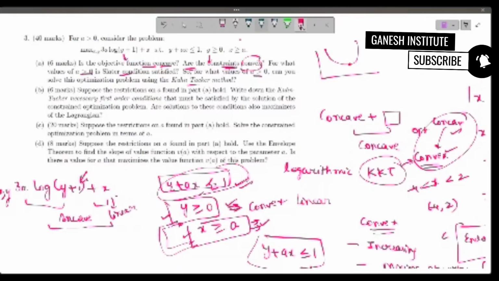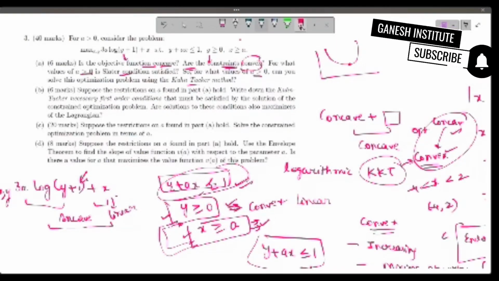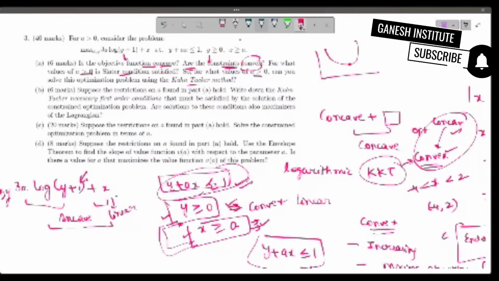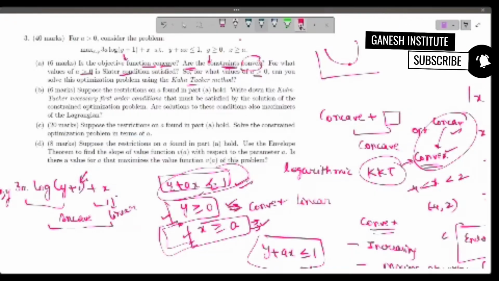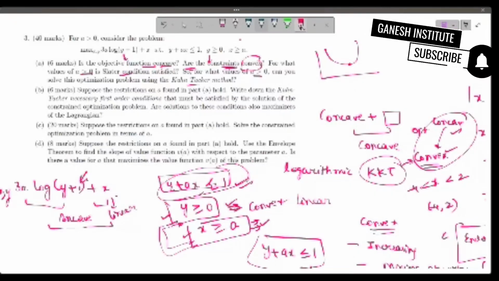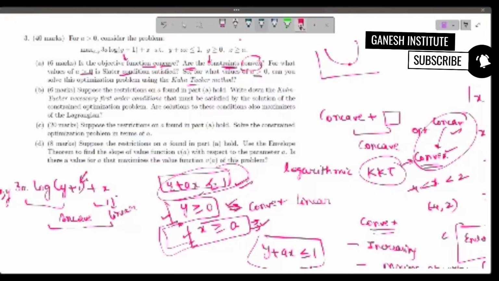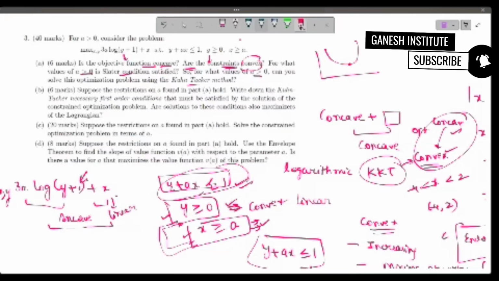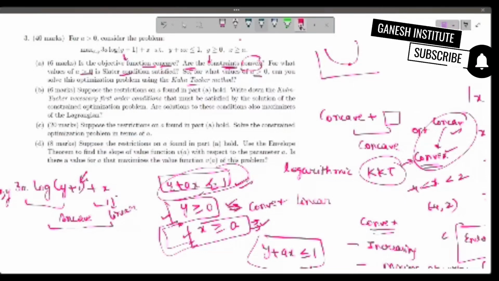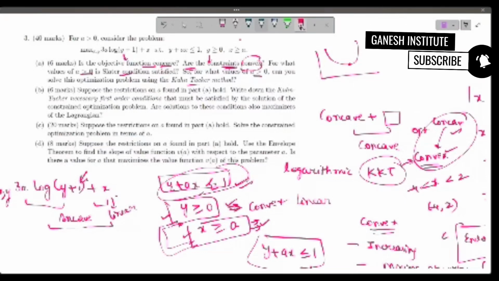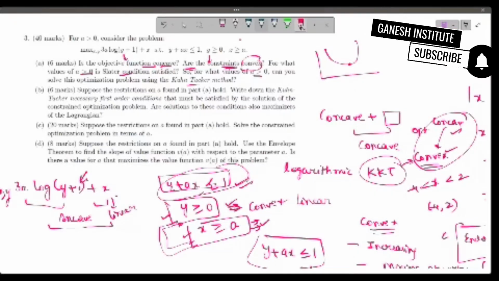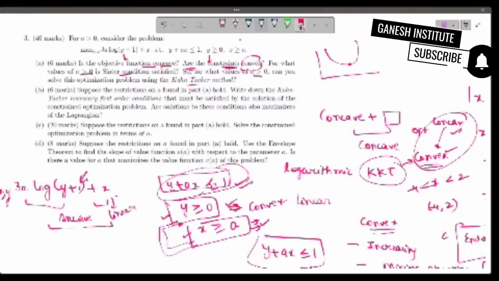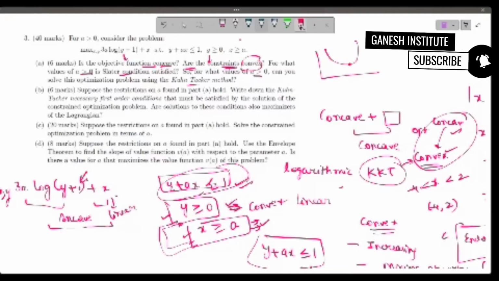We haven't proved that this has a relative minima or a minima, because they don't have implicit functions like function within function. Only one variable is there. Our objective function had an implicit function, and our first constraint also has an implicit function.